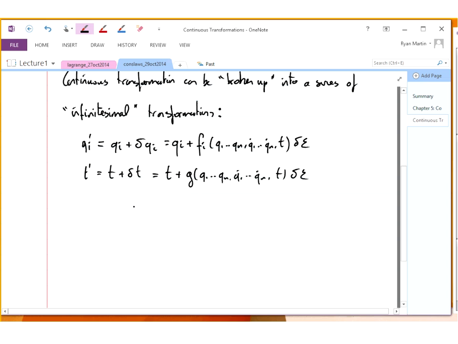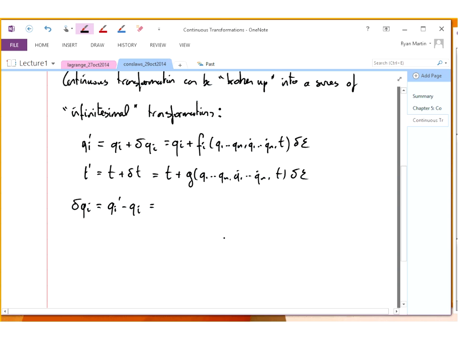So what we're really saying here, just rearranging the top equations, is that delta Qi, which is Qi primed minus Qi, is equal to Fi times delta epsilon.